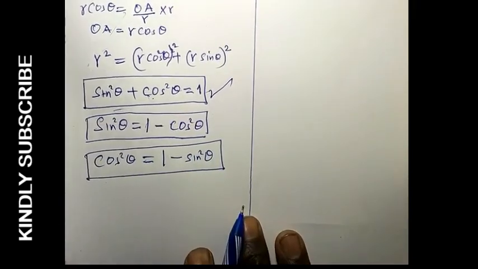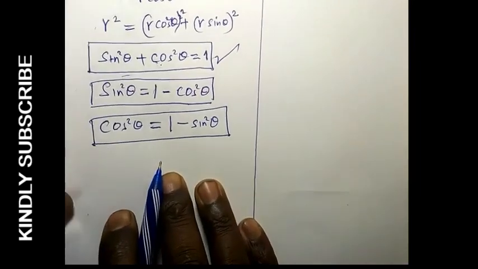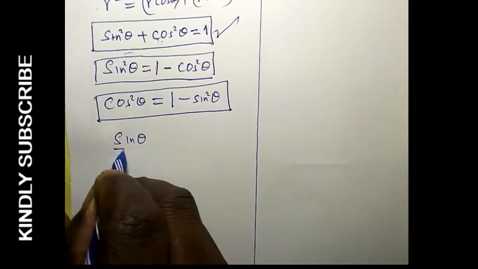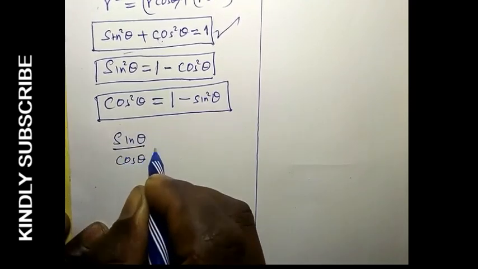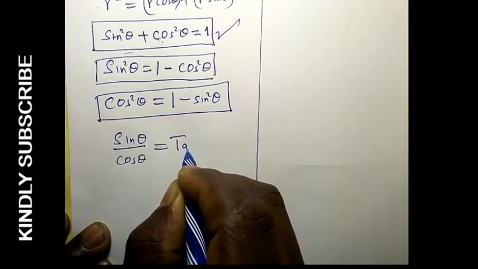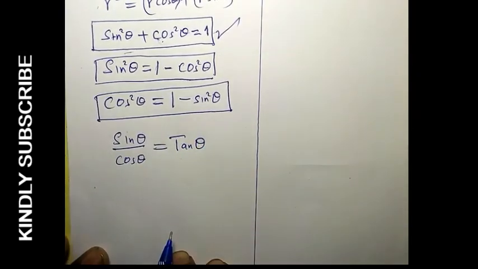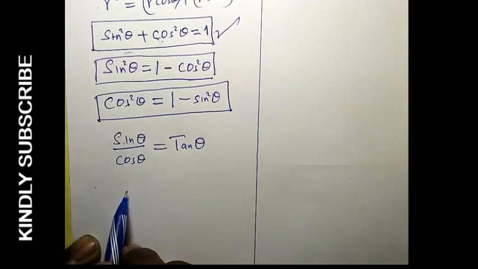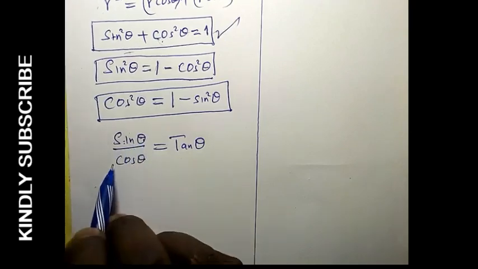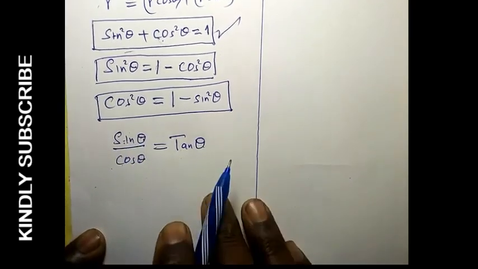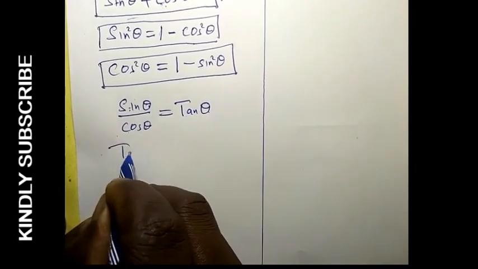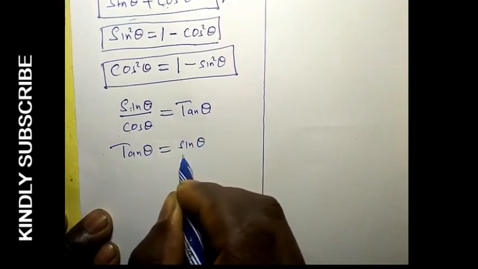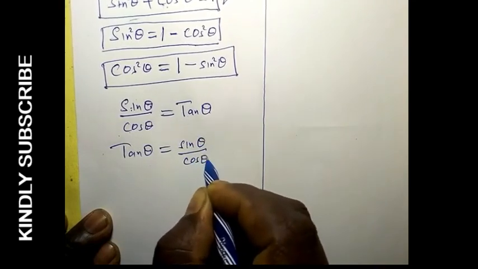Right? Now, once we have reached there, we should also know that sine theta divided by cos theta is tan theta. Very important. So simply we are saying that tan theta will be equal to sine theta divided by cos theta.